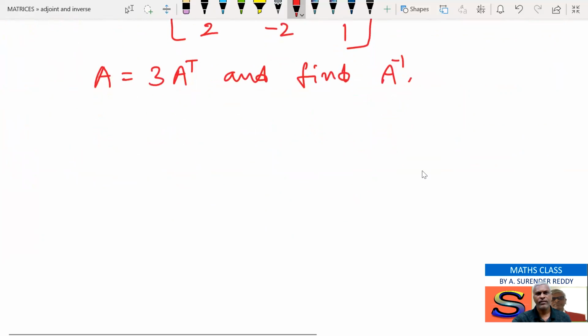We have to show A is equal to 3 A transpose, and then find A inverse.